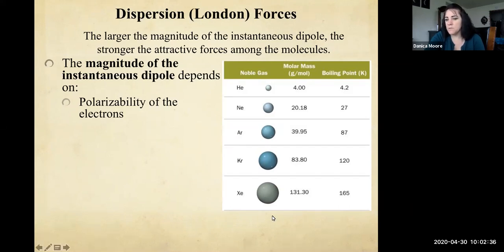They're not being pulled on as hard by that positively charged nucleus, right? So the electrons are able to move more in the valence than they would in something smaller that has a really strong pull from that positively charged nucleus on the outer electrons. Does that make sense, guys?